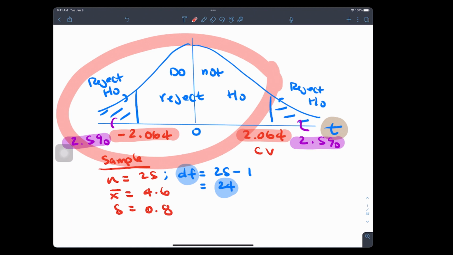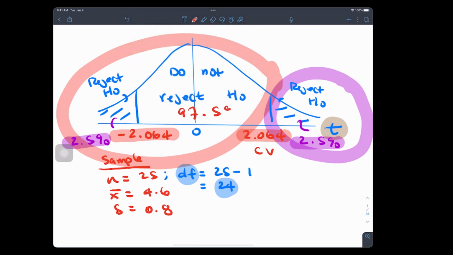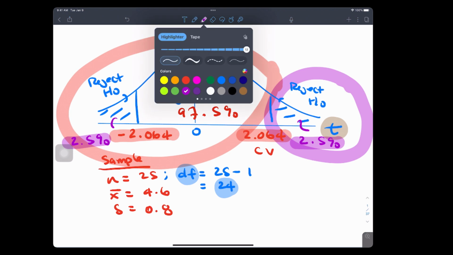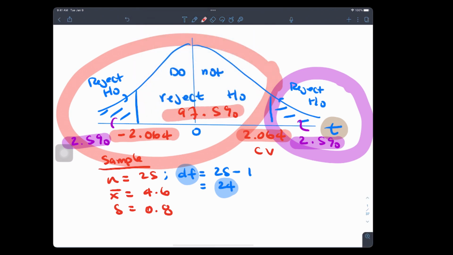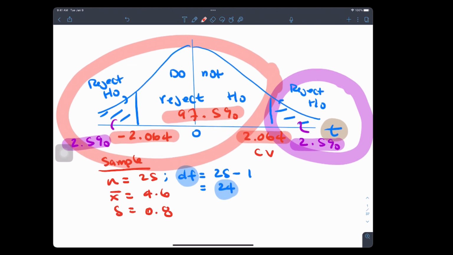Yeah, so if this tail here is 2.5%, how much is to the left there? Isn't that 97.5%? Isn't that the complement? Area to the left of the rightmost critical value. Maybe that table is easier. You guys see what I mean?